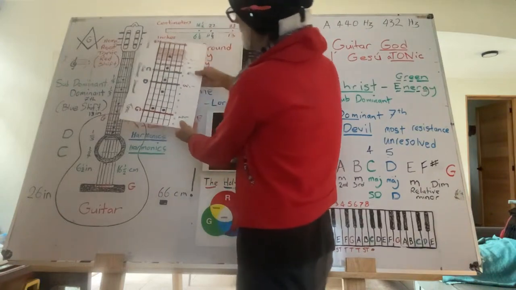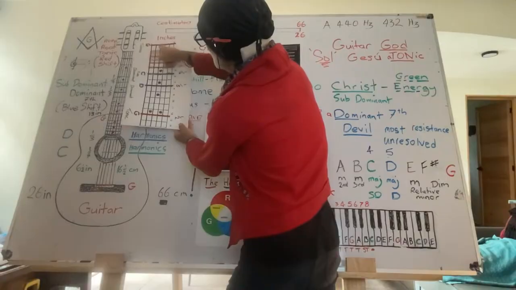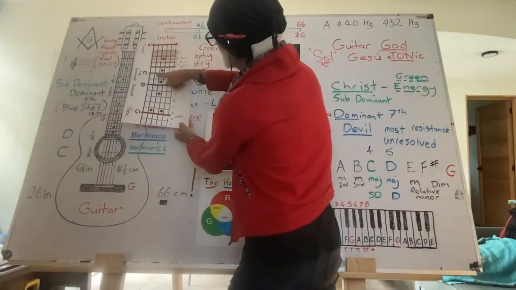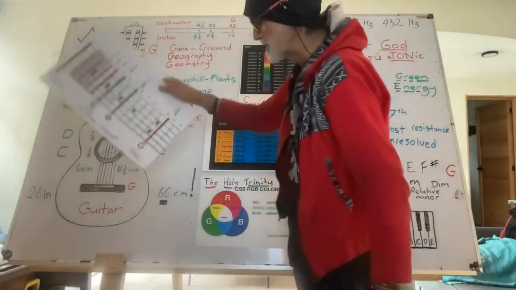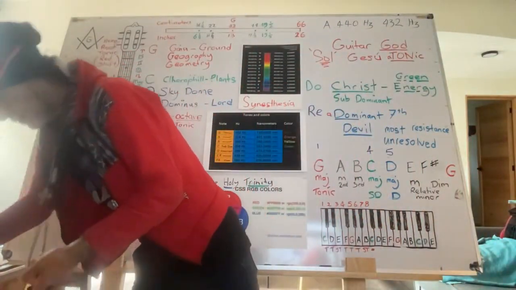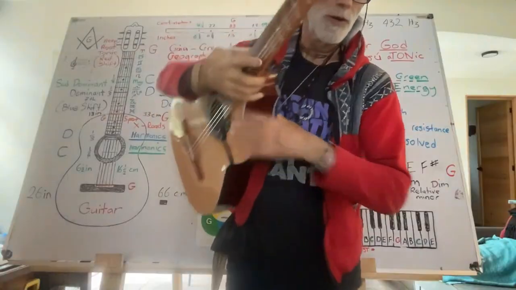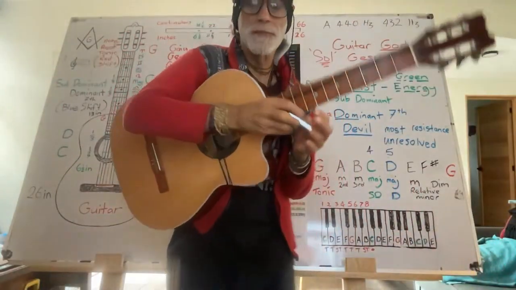But the most important and only thing you need to learn is the tonic, the dominant, and the subdominant. And the reason being is because this is tuned in G major.